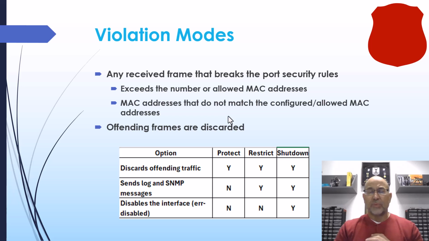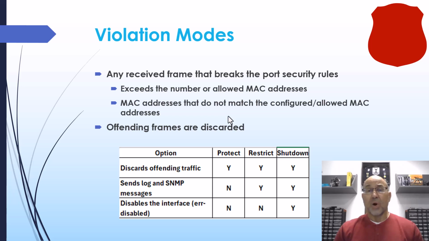So if it's just protect, that means you're going to generate a log message or a syslog message that says, hey, there was this violation, and that's it. Restrict says I'm going to send that message to my syslogger, and I'm going to restrict traffic that doesn't fit my rules. In other words, I'm going to allow the nodes that are valid and disallow the nodes that are not valid.